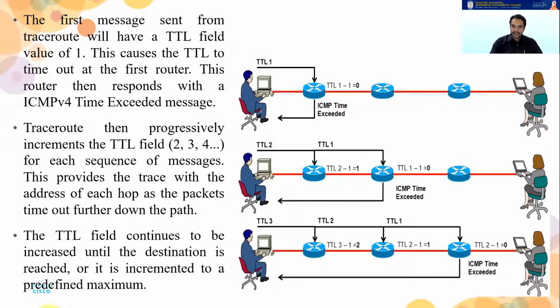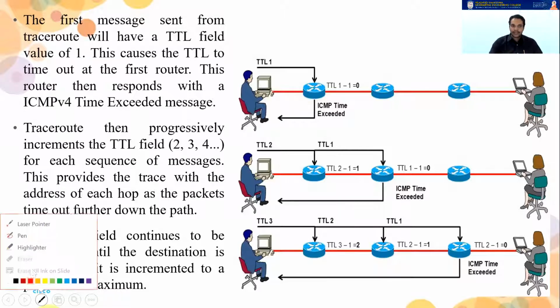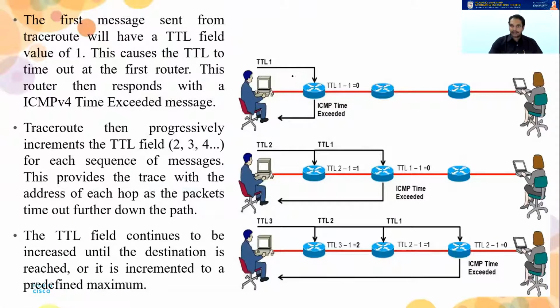If you can see in this particular figure, the first message with TTL 1 is sent out, and when the ICMP time exceeded message gets back, I will know that the first hop on this path from the source to destination is this router. Now, I increment the TTL counter to 2 and send the packet again. After reaching the next router, once again my TTL field goes to 0, so I will receive an ICMP time exceeded message from this router.